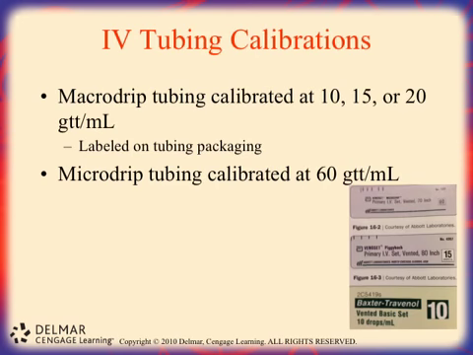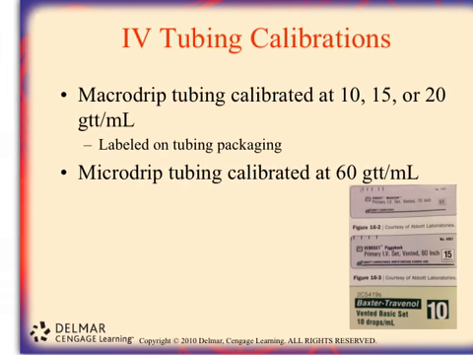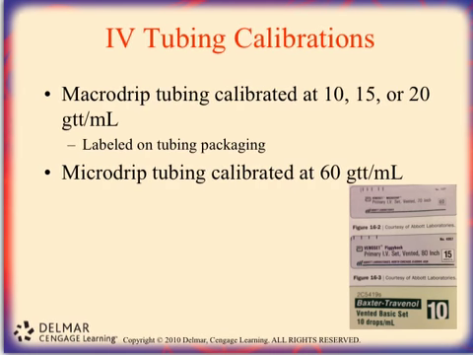Your IV tubing will come calibrated, and it will be marked on your package. Here are three different packages that are calibrated differently. You can see here the 10, which means 10 drops per milliliter. Here is 15 drops per milliliter, and I think this one says 60.